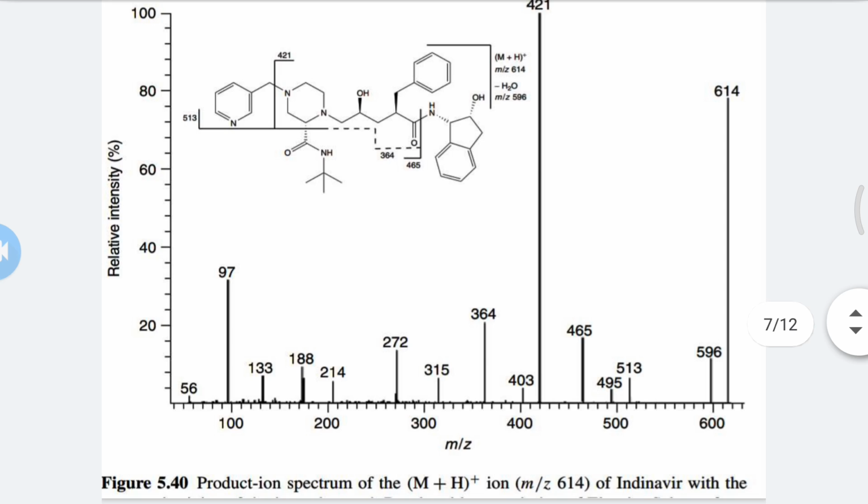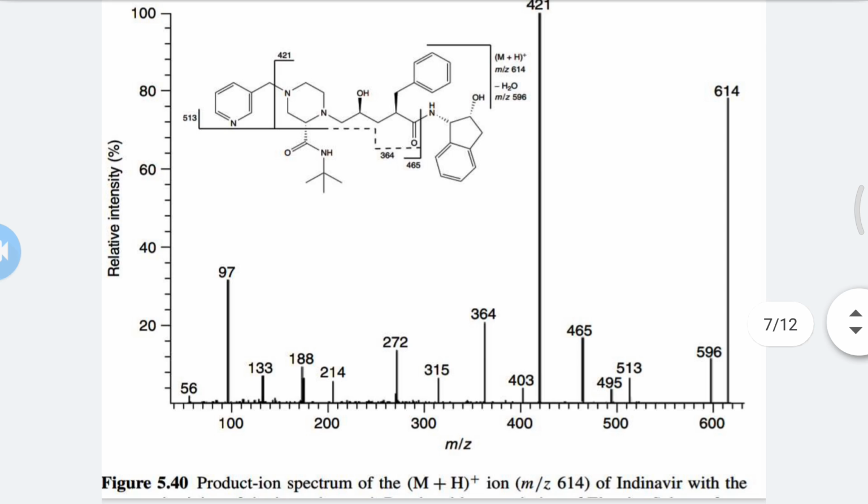Okay, so fragmentation takes place. First fragment 97, then 421, and the last one is 614. 614 is the molecular ion peak, that is MH plus. The molecular weight increases by 1 unit because of addition of 1 proton, and this proton comes from chemical ionization, meaning the reagent gas.